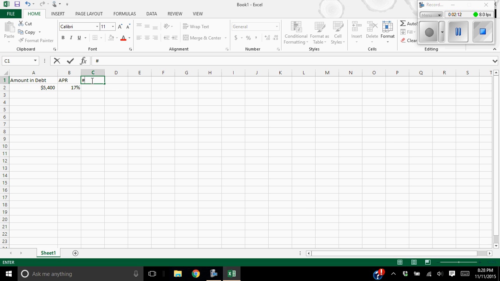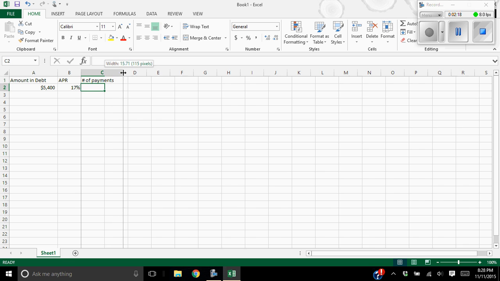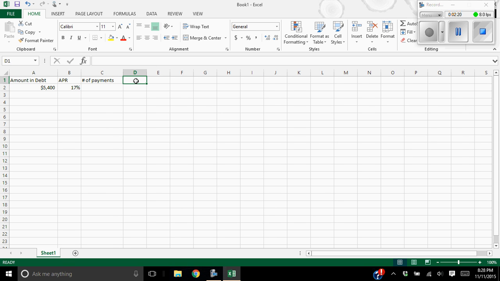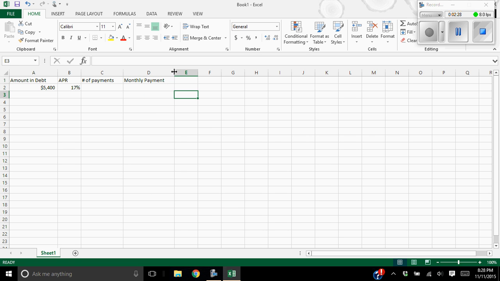Then we can talk about the number of payments you're going to have to make, and then we'll also want to look at what one monthly payment is going to look like. So we have these different headings, different columns, as we look at this idea.